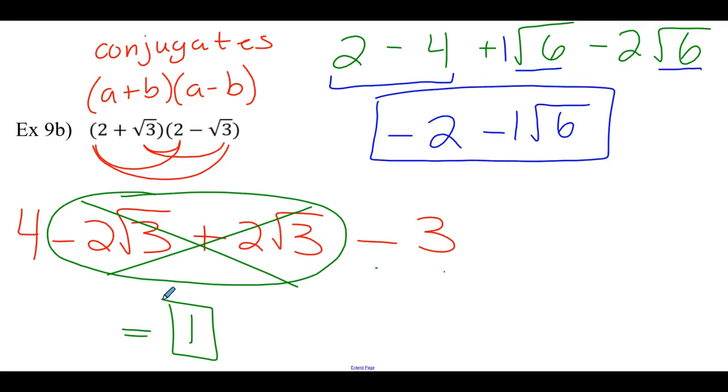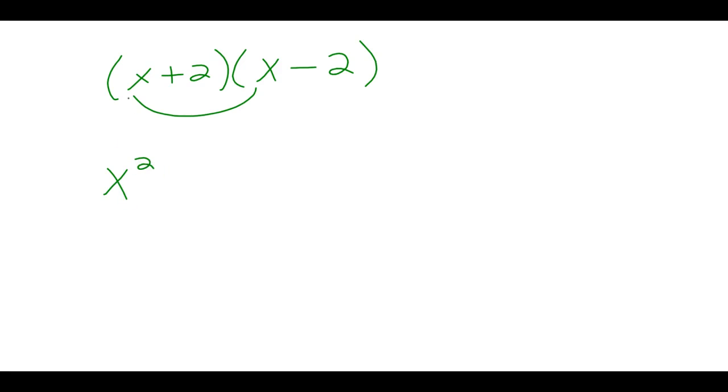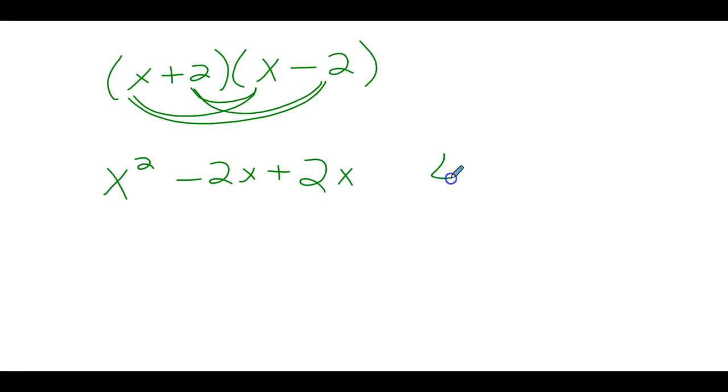So if you remember factoring, let's say if we had x plus 2, x minus 2, how would this FOIL out? So x times x is x squared. Minus 2x plus 2x, we know are going to cancel. And then what is 2 times negative 2? Negative 4.